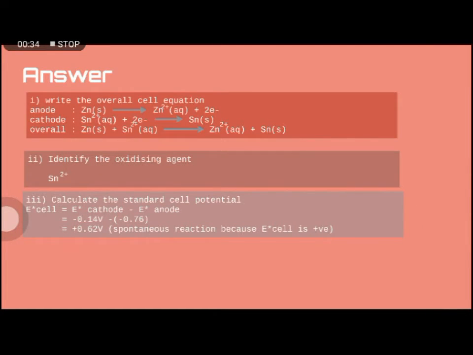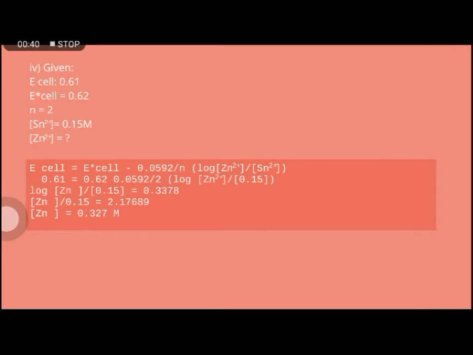And this is the answer for number 1, number 2, and number 3. This is number 4. You must state it and you must always jot down the info given to you. It helps you a lot in your calculation.